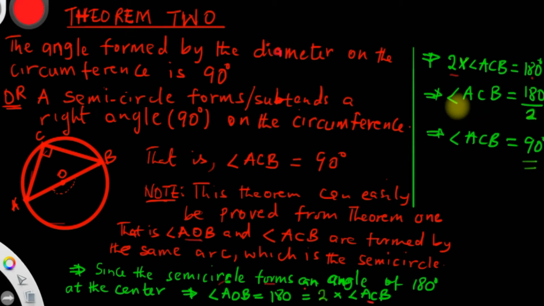Angle ACB is 180 degrees divided by 2, which is equal to 90 degrees. Have you seen? This proves that the angle formed by the diameter on the circumference is 90 degrees. I think this is very simple and understandable.